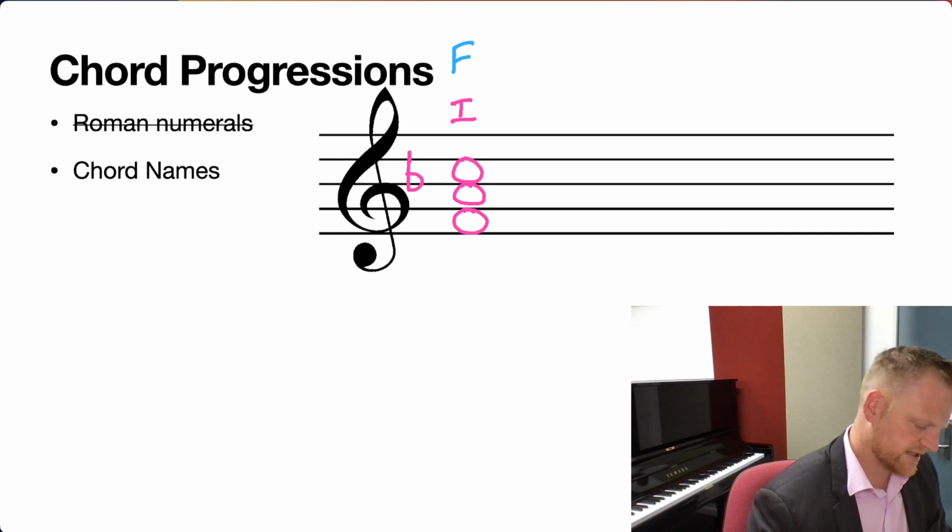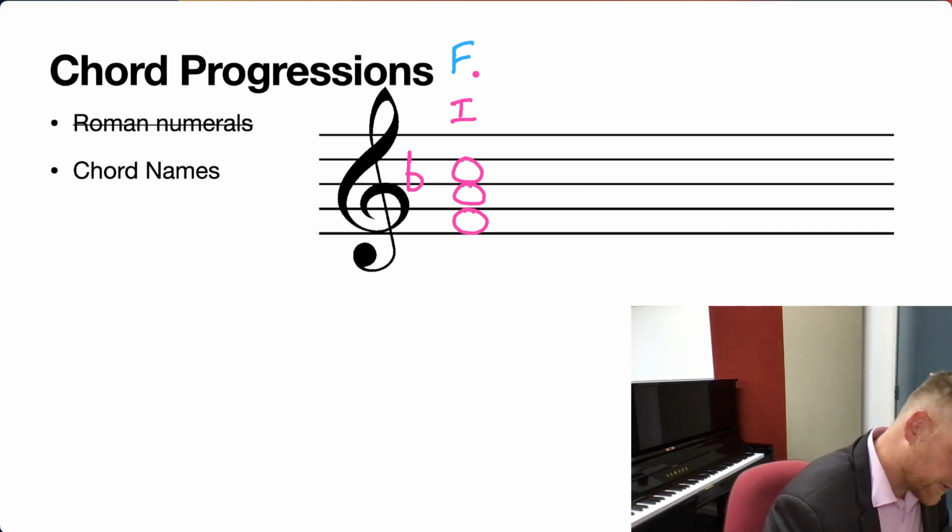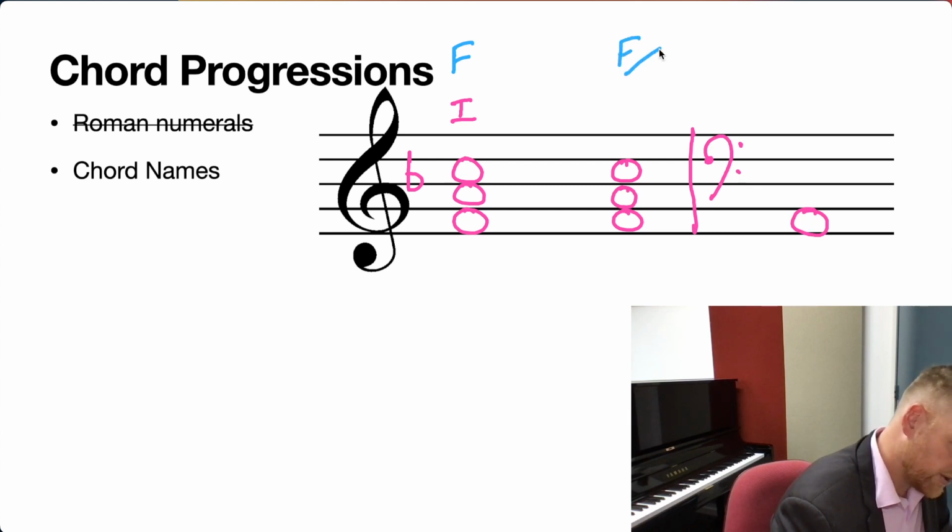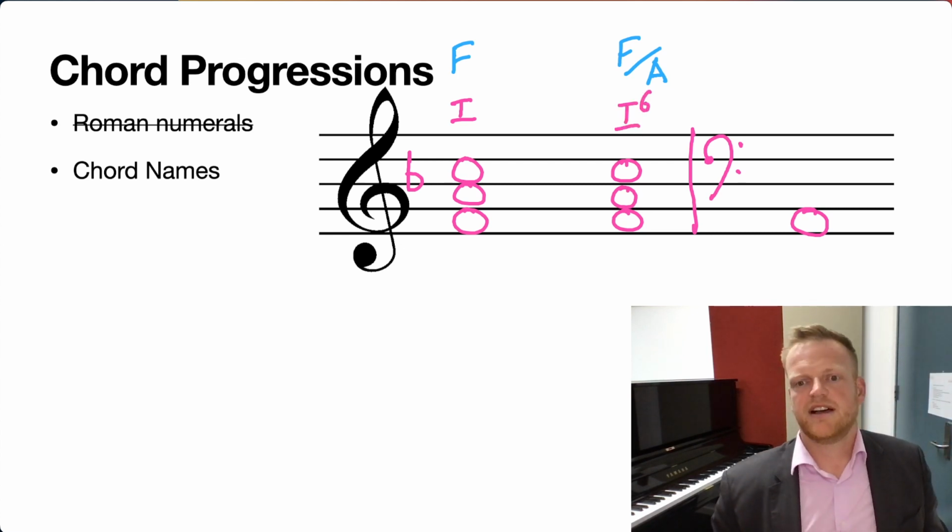So let's say we had an F chord in the right hand, but in the bass of the piano part we had an A, then we would just call this chord an F over A. We wouldn't do that normal nomenclature of 6s or 6/4s and stuff like that.